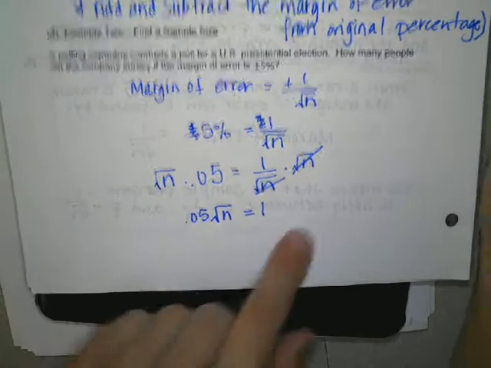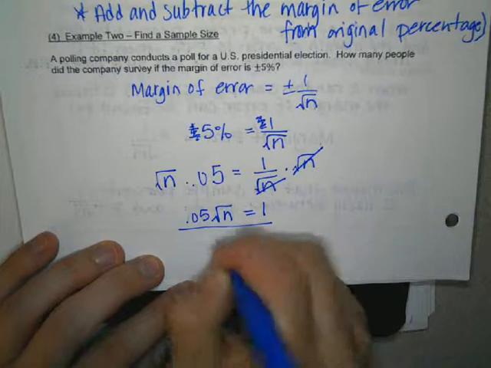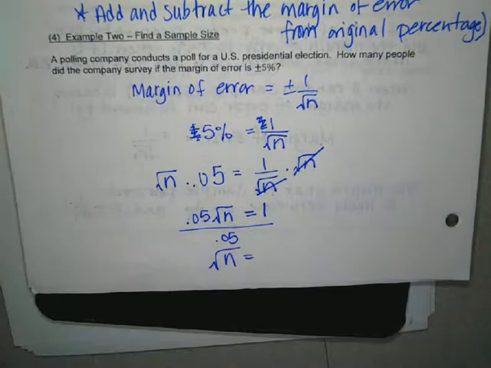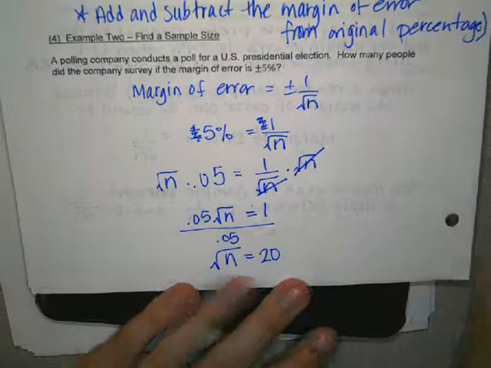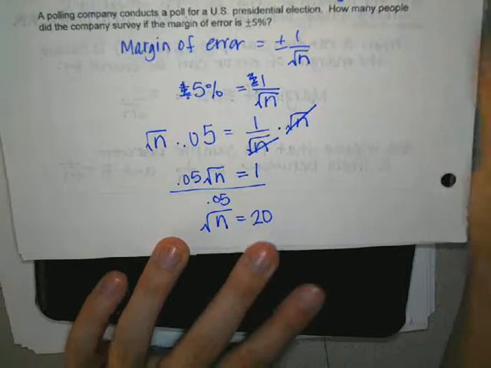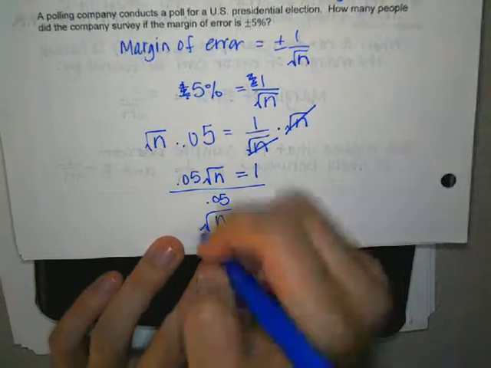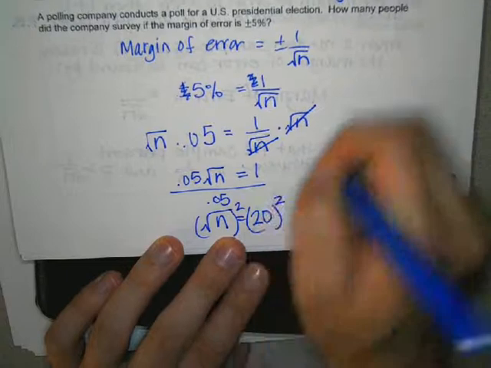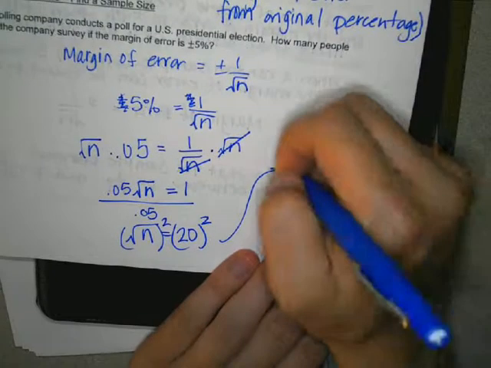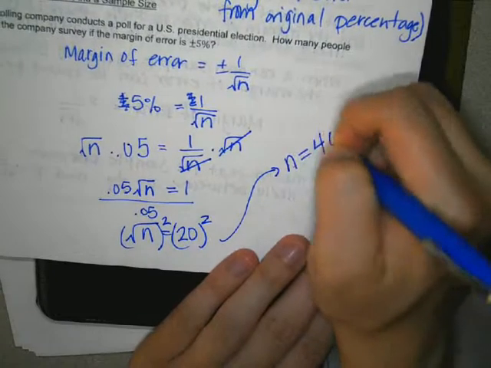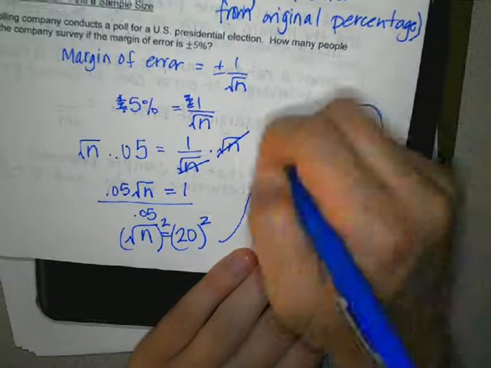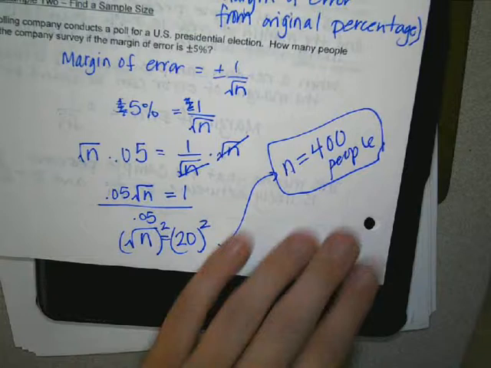So I'm going to take 1 and divide it by 0.05, and I get the square root of n. And 1 divided by 0.05 gives me 20. Okay. And then to solve for n, the opposite of square rooting is squaring. So I'm going to square both sides, and when I do that, I end up getting a sample size of 400 people. And that would be your final answer.